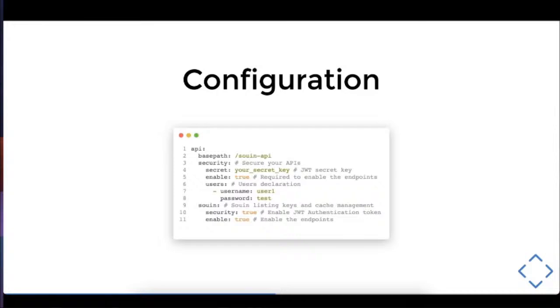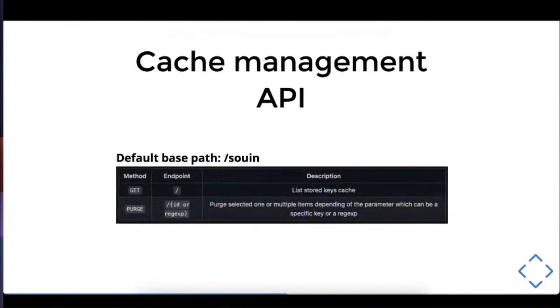You have the security API and the Swan API. All APIs will be placed after the base path, Swan API or any other base endpoints depending on what you configure in the configuration file.